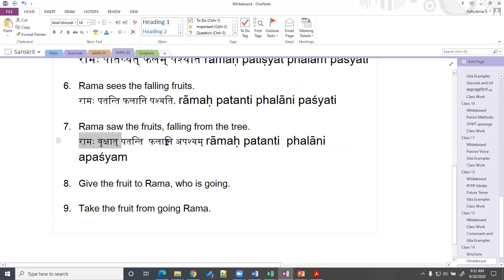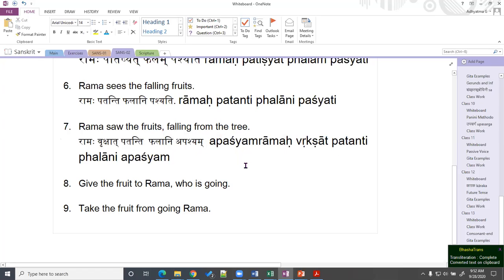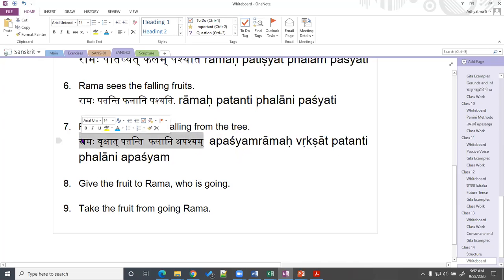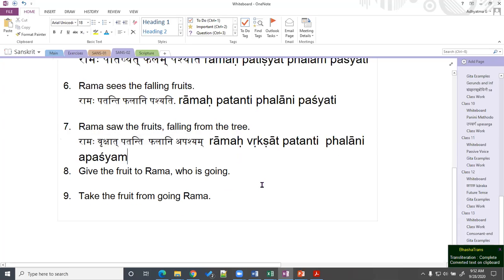So Rama vrukshat patanti falani apashyam. So that's how you will make the sentence here. Rama vrukshat patanti falani apashyam.